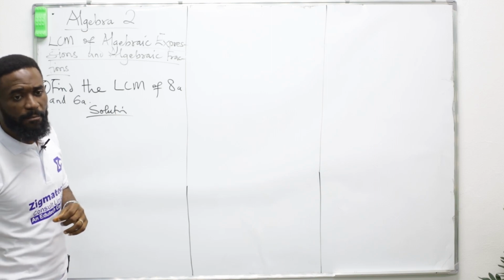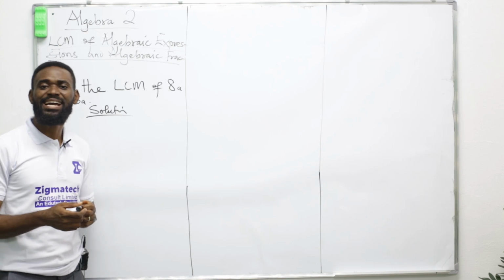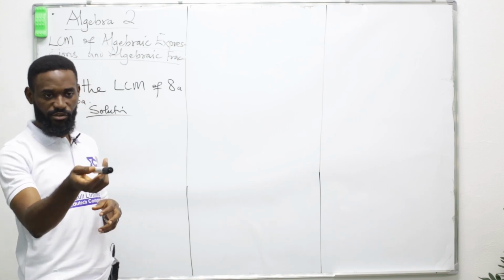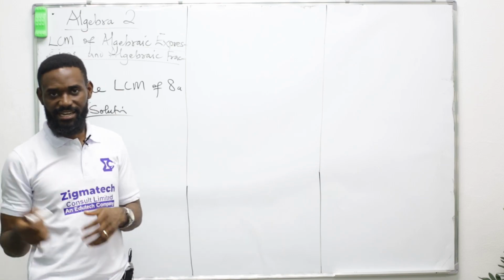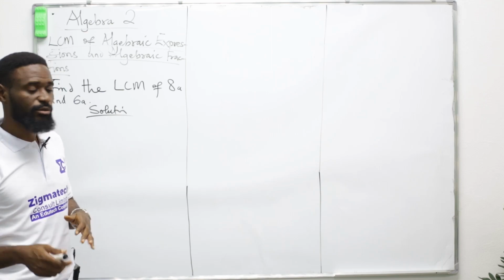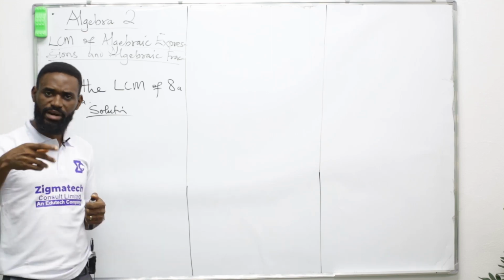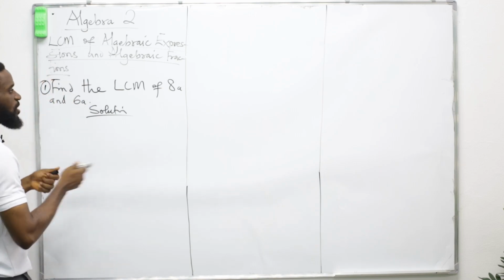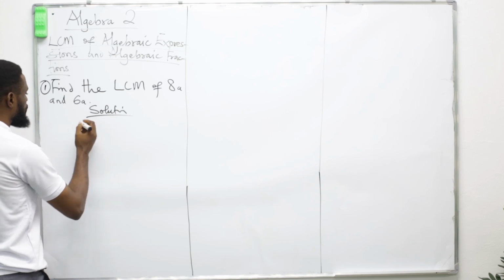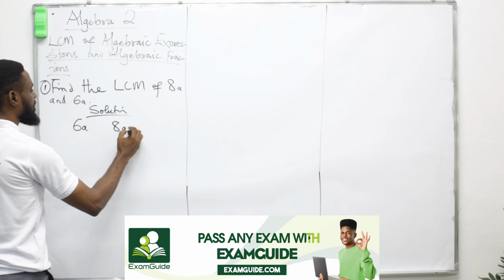Just like you have your normal LCM of real numbers, like they would have given you just 8 and 6 and asked you to find the LCM, the same process, the same method, you can apply in solving LCM of algebraic expressions. So you bring your two expressions, 6a and 8a.